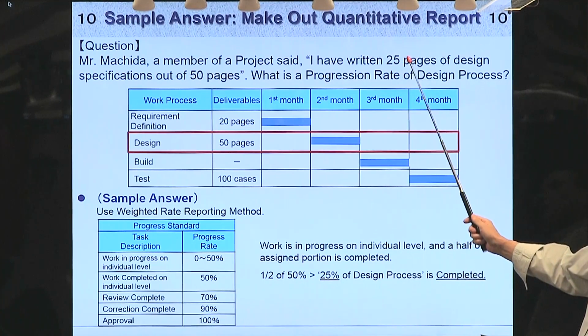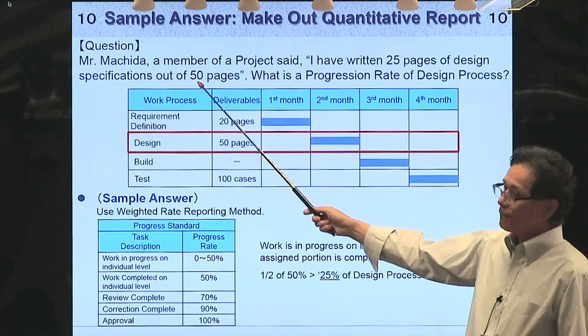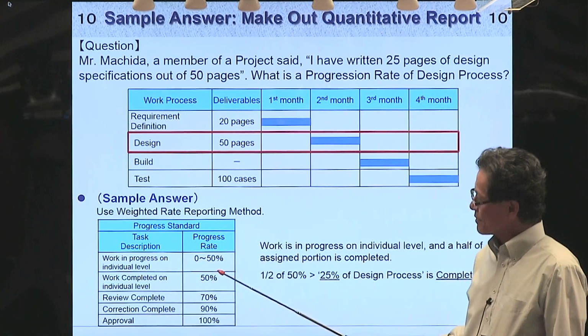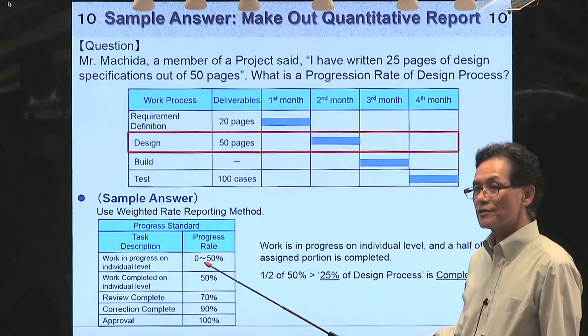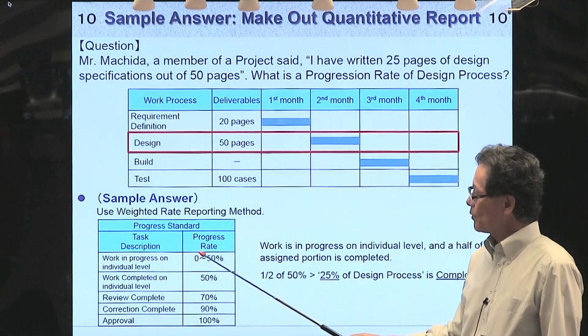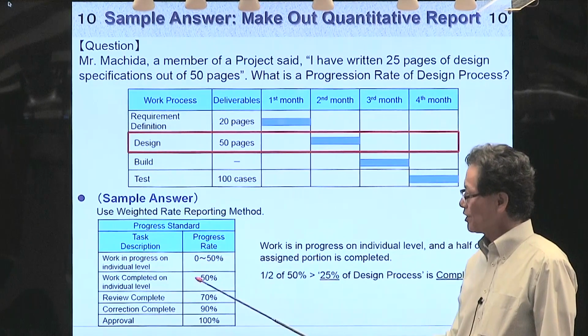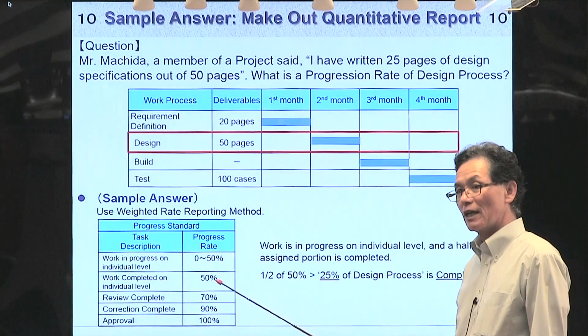In this case, 25 is half of 50. The maximum for this task is 100 pages, but weight-wise the allocation is 50 at the individual level, maximum 50.